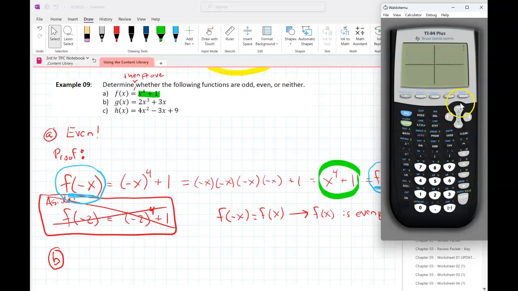Okay, I'm going to hit graph and look at our picture. Which one does this look like? This to me looks odd, right? Because if I look at this quadrant, it looks the same as this quadrant, right? It just kind of turned around. That's odd. Everybody can see that? Yes, sir.